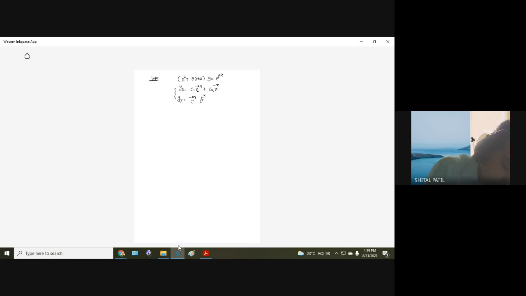What is c1? e raised to x. What is c2? 0. Particular values are given to c1 and c2 in the complementary function to get the particular integral. Clear? Did everyone understand?